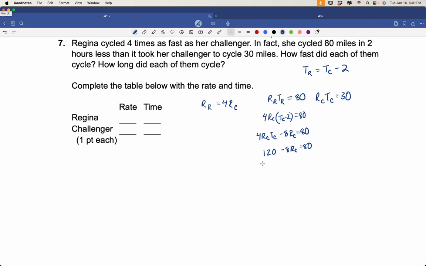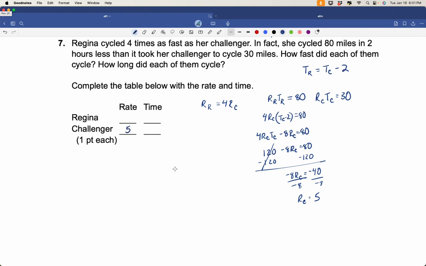We're going to subtract 120 from both sides. So that cancels. Negative 8RC is equal to negative 40. Divide both sides by negative 8. The rate of the challenger is 5. So the rate of the challenger was 5.